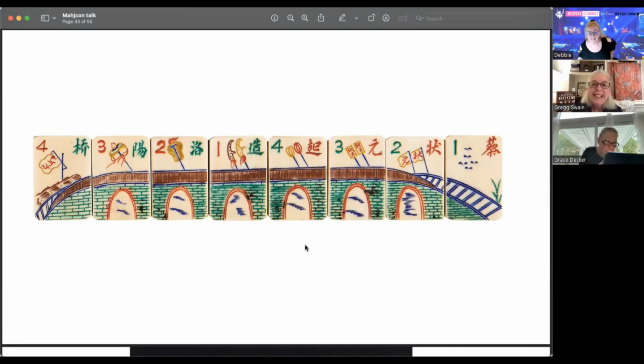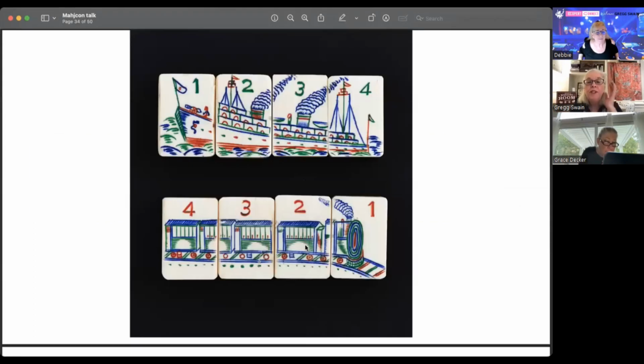That's so cool. And then this was how they wanted to celebrate the opening up of China to international trade, because China had been closed off. So they opened it up to international trade by rail and by sea. And we all know how that worked out, right? It worked out pretty well for the Chinese.